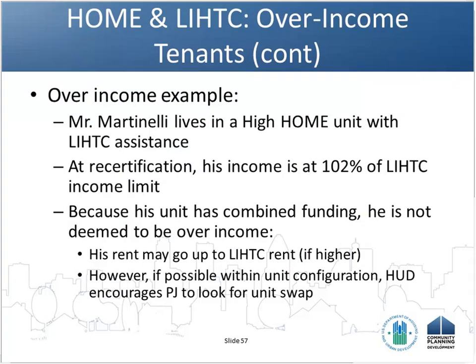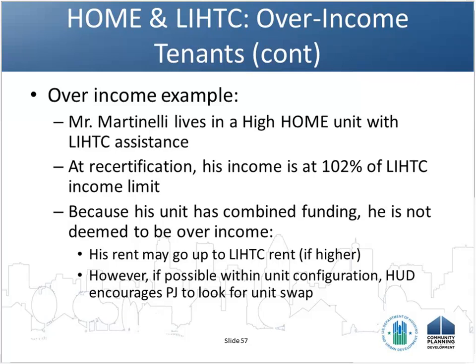So in this case, when his income is recertified, he is over the High HOME income limit, but he's at 102% of the low-income housing tax credit income limit. So he's not considered over income for the tax credit program. So in this case, we're not going to follow the HOME guidance that we would normally take, but we're going to defer to the low-income housing tax credit rules.